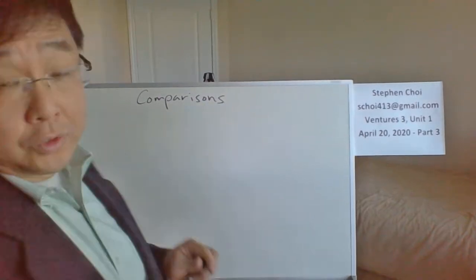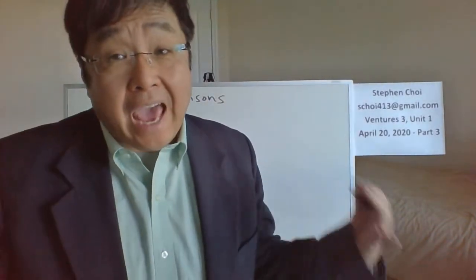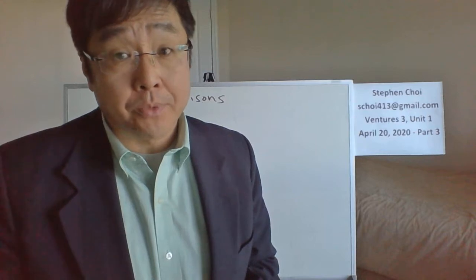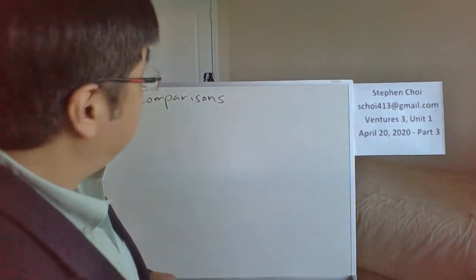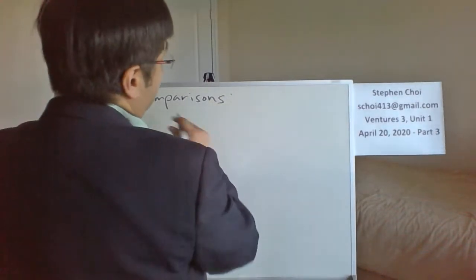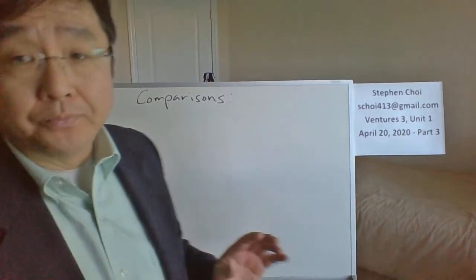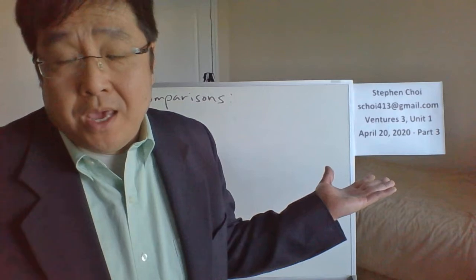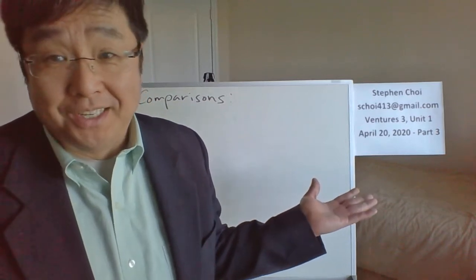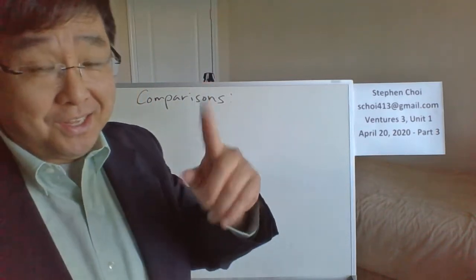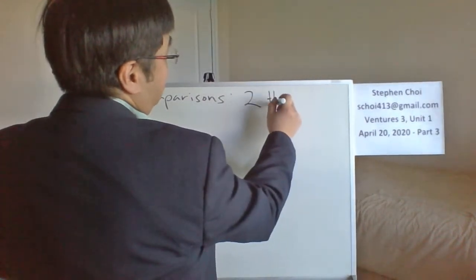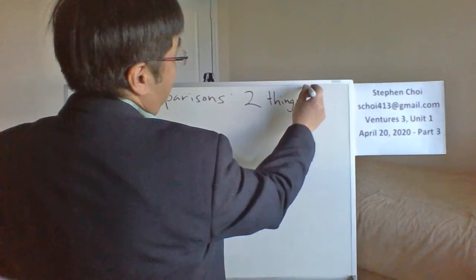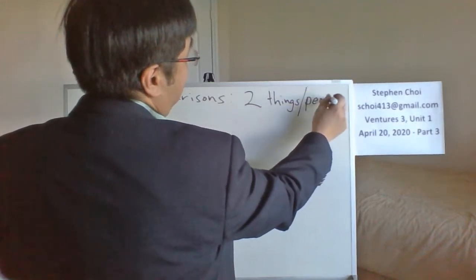When you do comparisons, we're talking about adverbs and adjectives, okay? But today we're gonna focus mainly on adjectives. And also, when you're comparing, how many do we need to compare? It's more than one. So when you compare, you're doing exactly two: two things or two people.